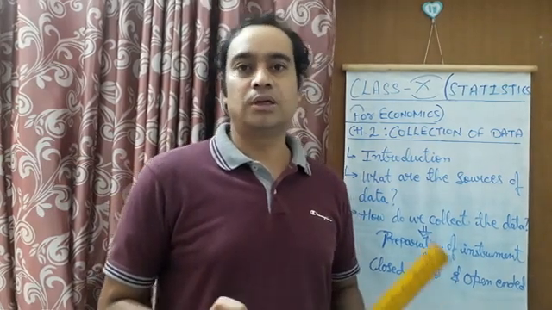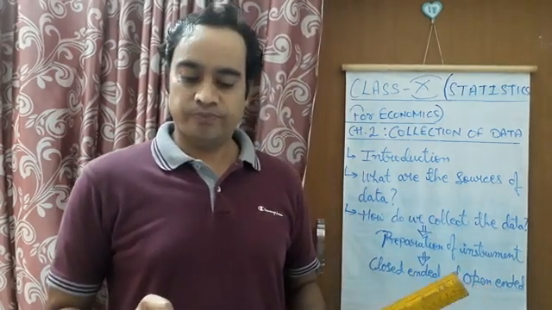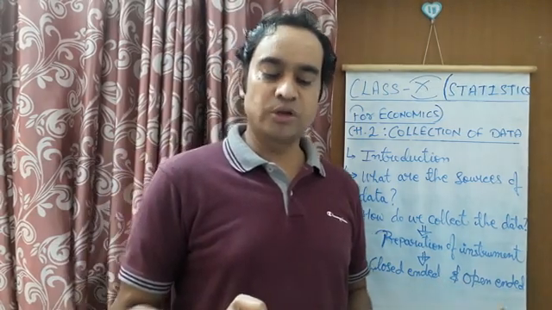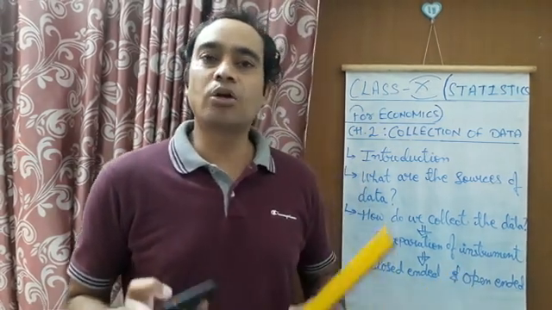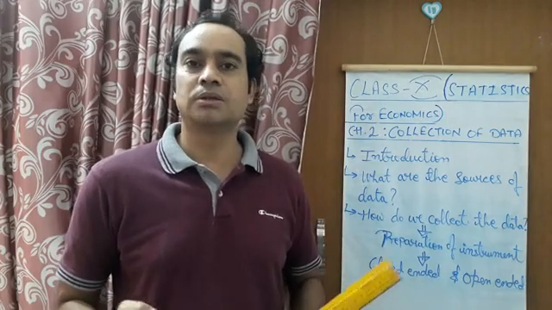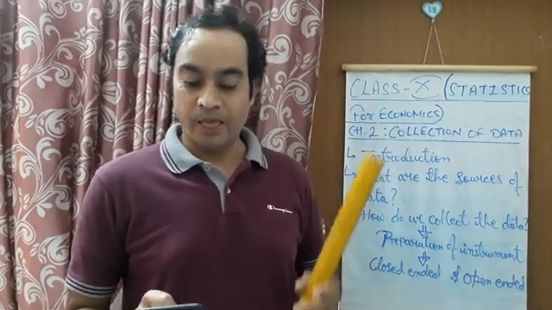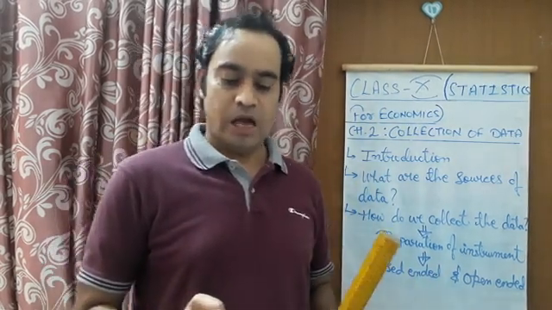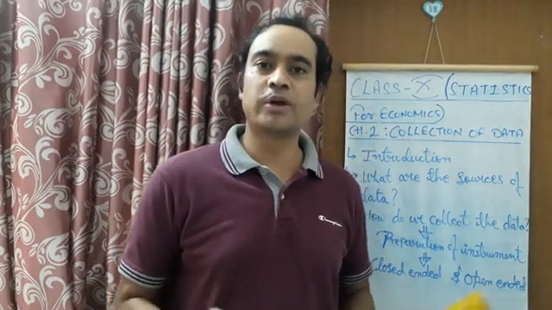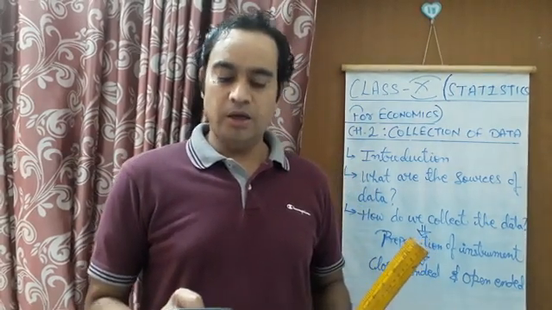Like, one poor question is, do you spend a lot of money on books in a month? Ambiguous. A good question: how much do you spend on books in a month? This is the right question.